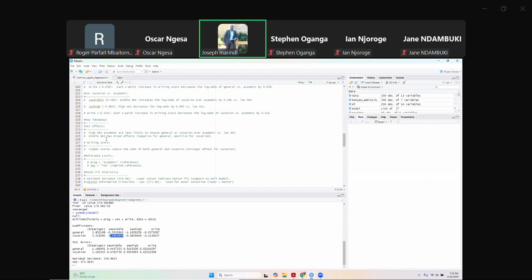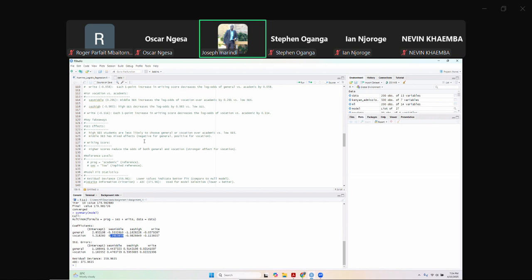The middle socioeconomic status category of students, or students who come from such a financial background, have mixed effects, whereby they may not choose general courses, or they can choose courses in the vocation group.